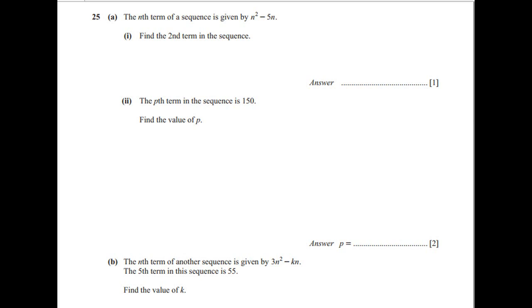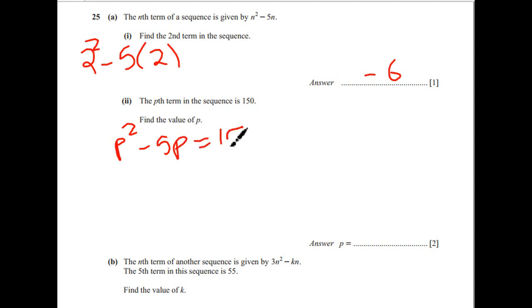Question 25. Part 1, the nth term of the sequence is this. Find the second term. For this, simply substitute n with 2, and we get minus 6 over here. The pth term of the sequence is 150. Instead of n, write p, and the value is 150. Rearrange this, we get a quadratic equation. Solve it by factorization.